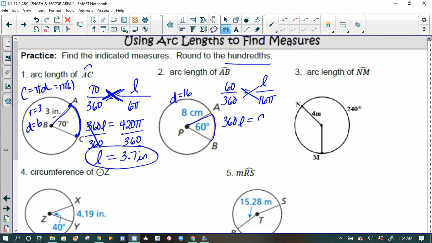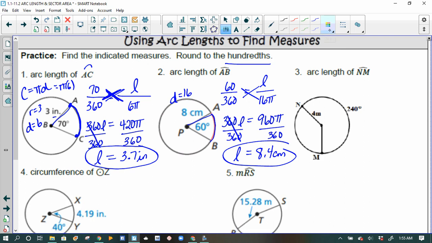So 960 pi. Now divide by 360, and you'll have your answer. So 960 pi divided by 360, 8.4. And that is centimeters, because that was our unit of measure this time.